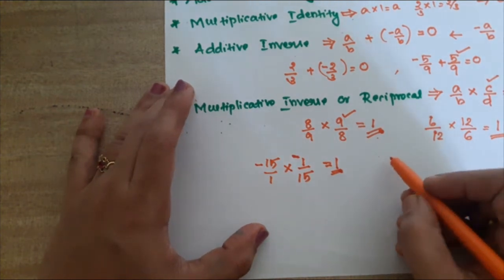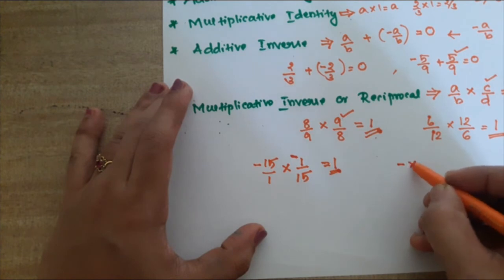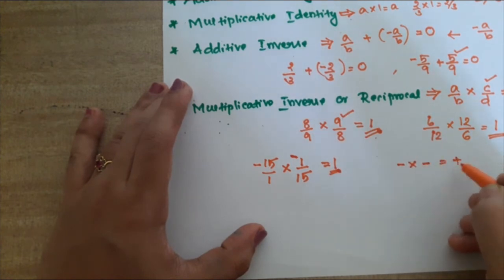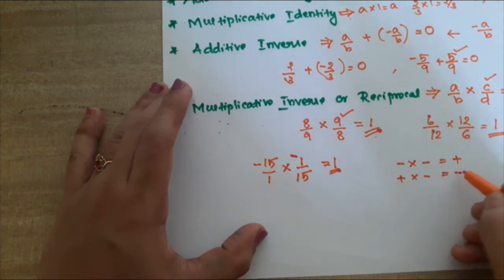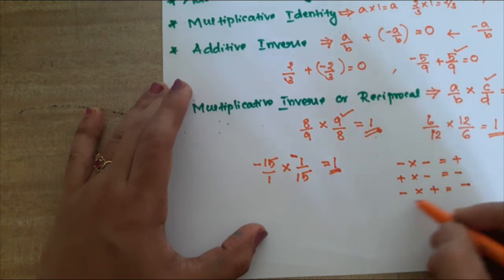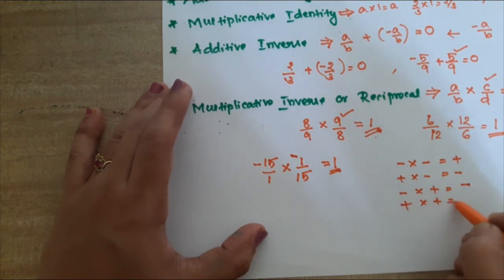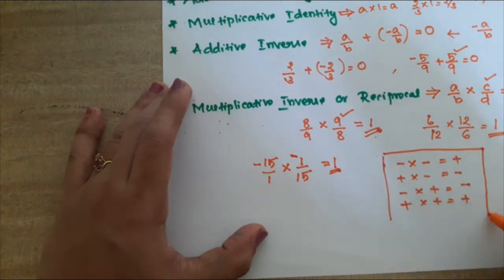Then for multiplication: negative into negative is positive. Positive into negative is negative. Negative into positive is also negative. Positive into positive is positive. This is the rule you should always remember.